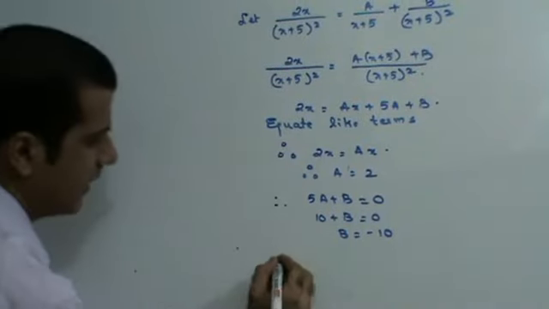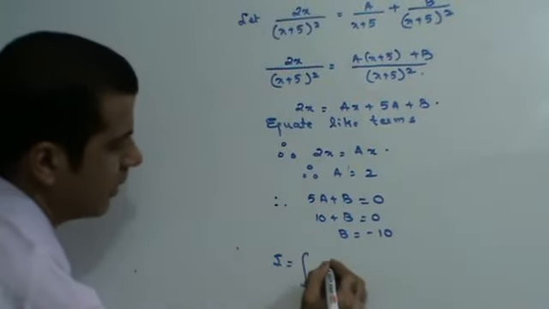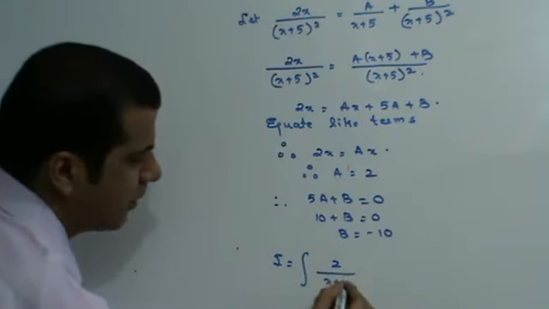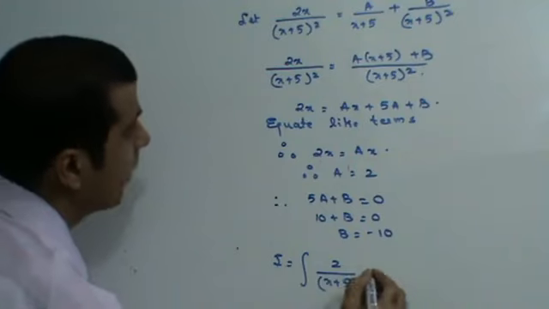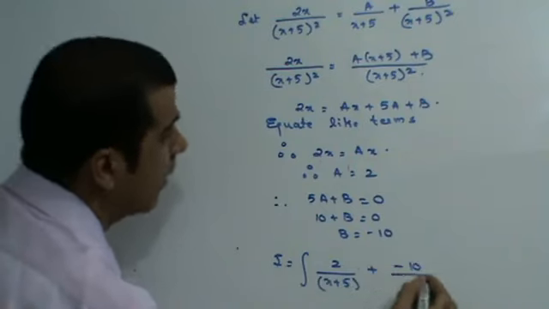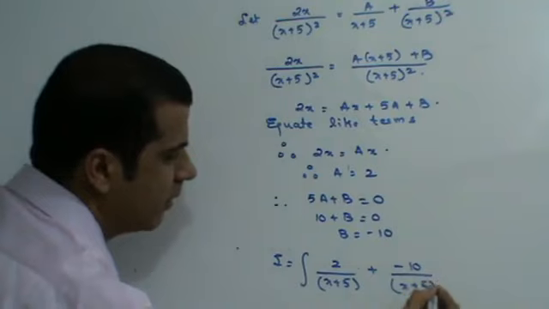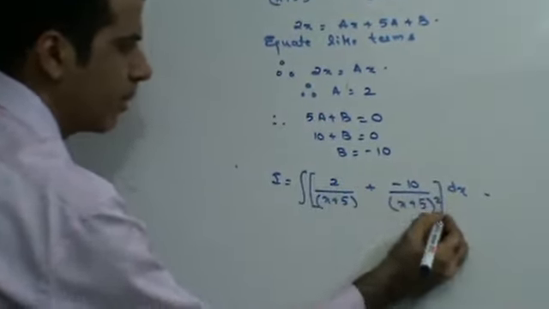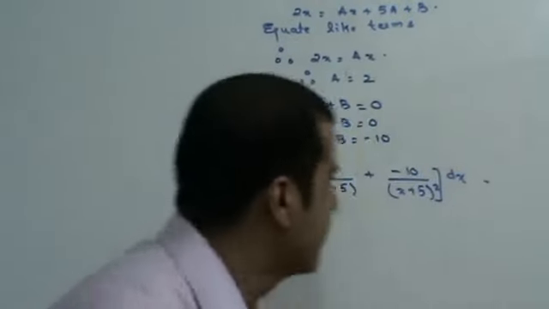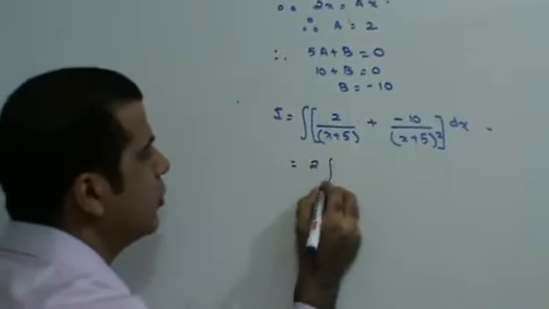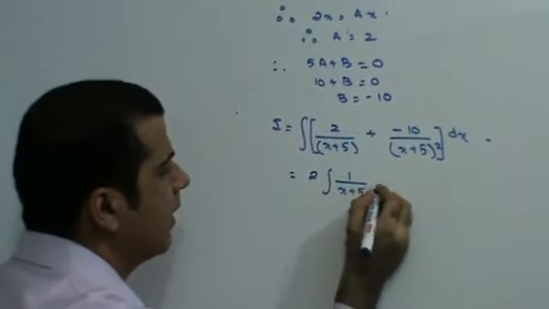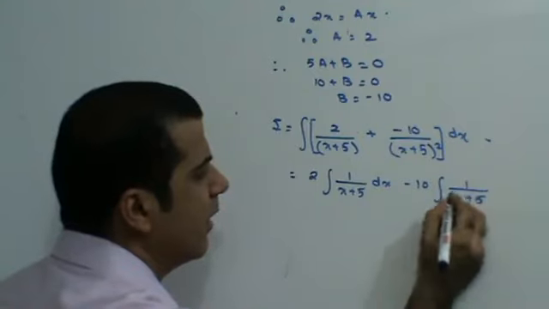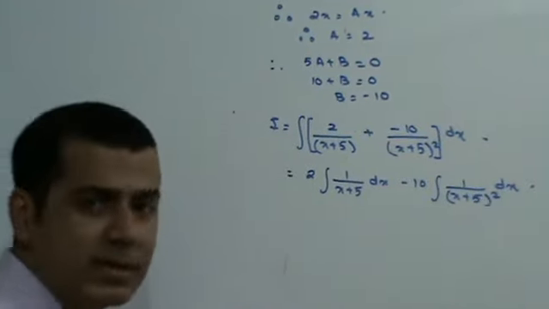Once you've done this, then I can say I is integral of A, A is what? 2 upon x plus 5 plus B, minus 10 upon (x plus 5) the whole square with respect to x. Right? Split the integral sign. If I split the integral sign, this is 2 integral of 1 upon x plus 5 with respect to x minus 10 integral of 1 upon (x plus 5) the whole square with respect to x.